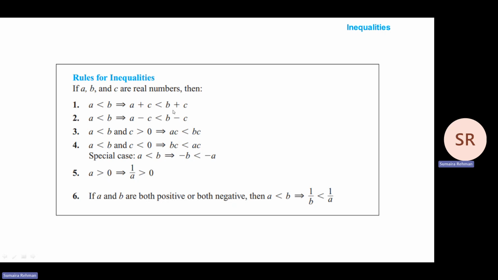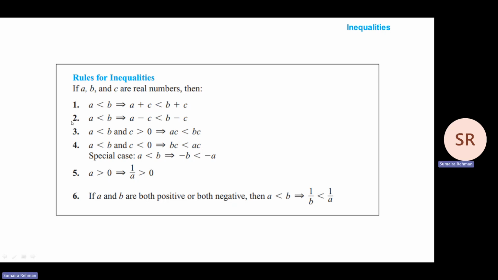So if we add the same quantity, let's say we add another number C, equal to 5, then 1 plus 5 will be 6, and on the other side B is 2 plus 5, so that would be 7. So obviously 6 is strictly less than 7. It will not affect the inequality.